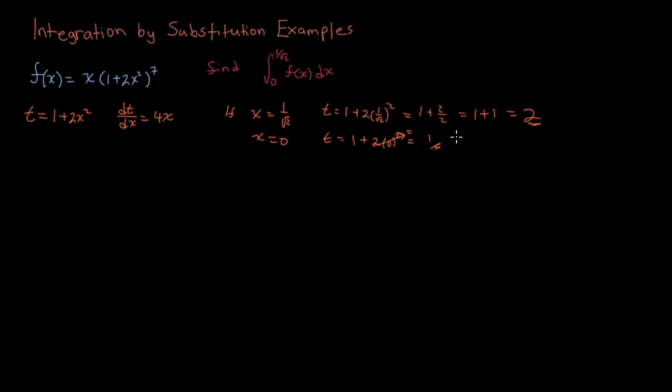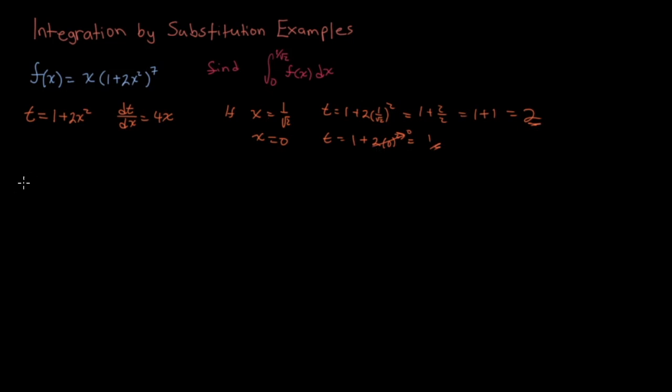So that's our next interval. That means when we substitute t and dt into our integral, the intervals are not going to be 0 to 1 over root 2, it's going to be 1 to 2. So let's go ahead and do that.